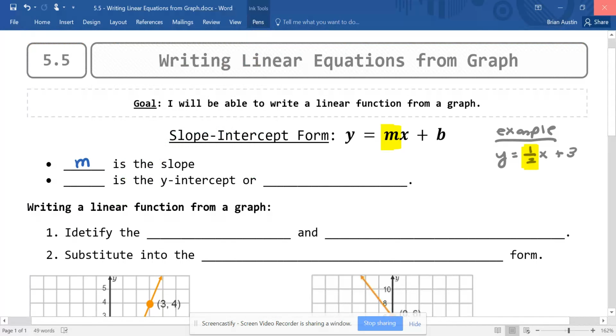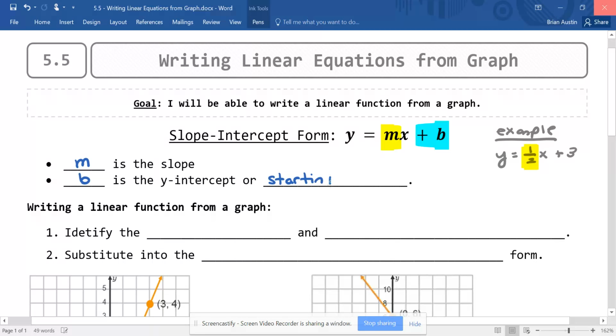The next key part of the graph that we can identify from the equation is the y-intercept, which is going to be our b value. That is whatever is added or subtracted onto the function. Sometimes it's first, sometimes it's second. It could be in a different order, but just make sure you're looking for a constant, a number without the variable. So b is the y-intercept, or the starting point.